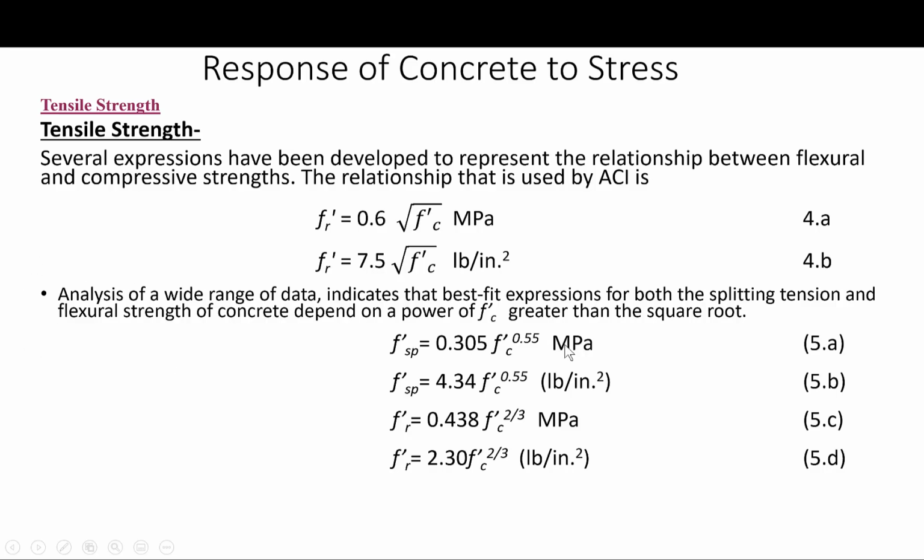This is in SI units in MPa, and this is in inch-pound units. As you can see, the power here is 0.55. It's higher than the square root. And for the modulus of rupture, the power is 2/3. Like I said, that's based on an analysis of a wider range of data. That's where the expression was developed.